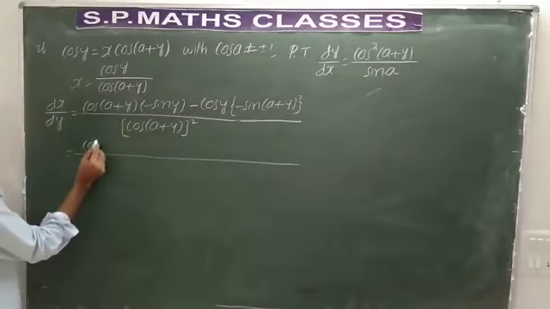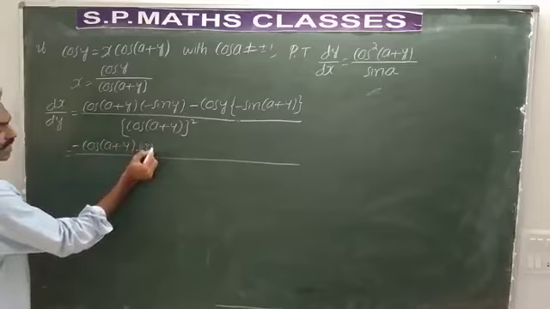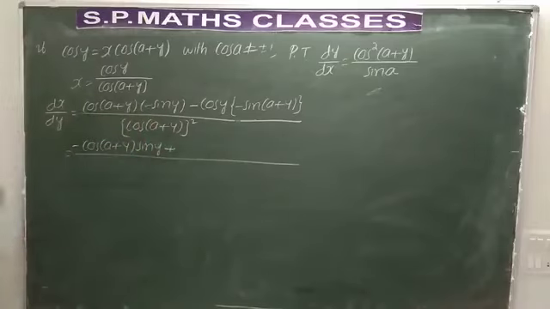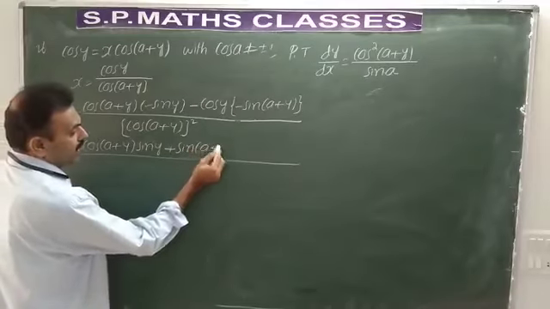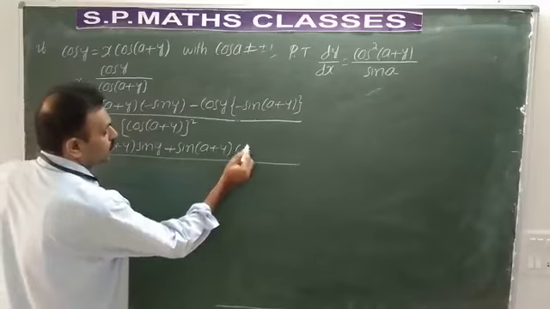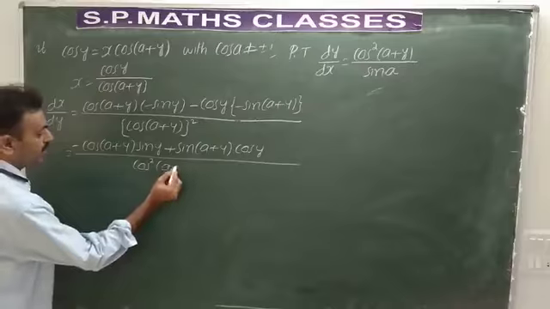Now I write it as cos of a plus y into minus sin y. Minus into minus plus, you get sin of a plus y into cos y divided by, I shall write it as, cos squared of a plus y.